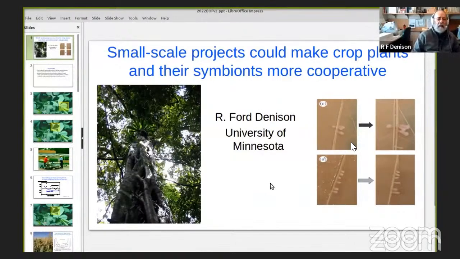Here on the left is a strangler fig killing its host, an example of conflicts that happen between plants. And on the right here are these root nodule bacteria that Maria mentioned that provide nitrogen to plants. So this is an example on the right of cooperation, but still with some opportunities for improvement.